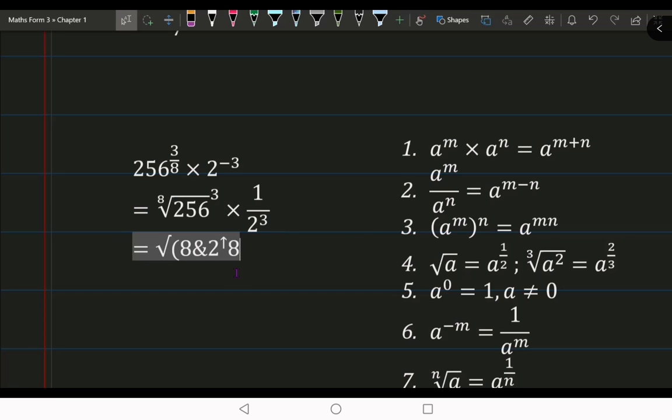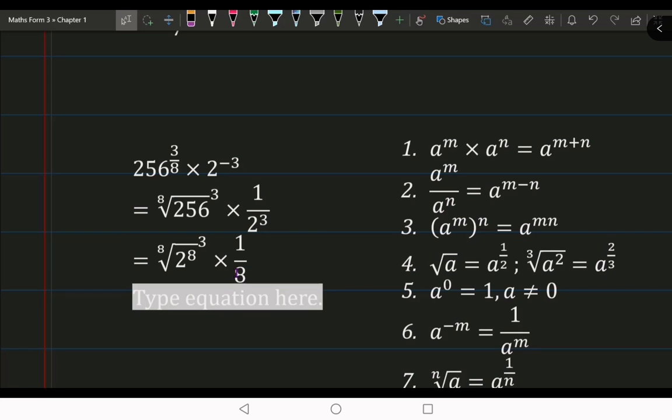That is in order, and to the power of 3. And that means we get 1 over 2 times 2 times 2, which is 1 over 8. Okay, go to the next step.